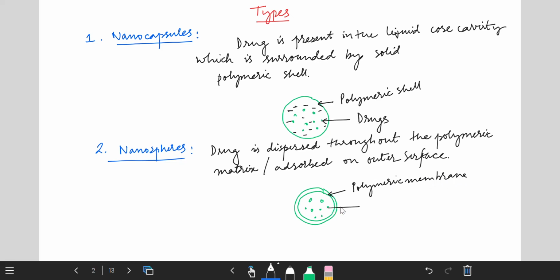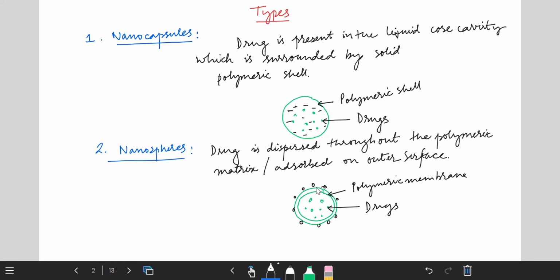And these are the drugs. These drugs will remain in the dispersed form, or they can be adsorbed on the outer surface like this.